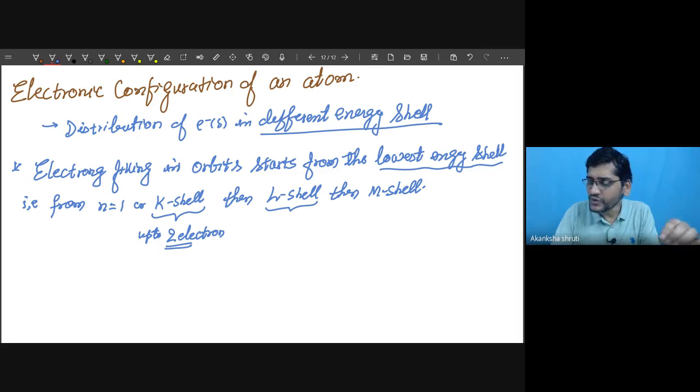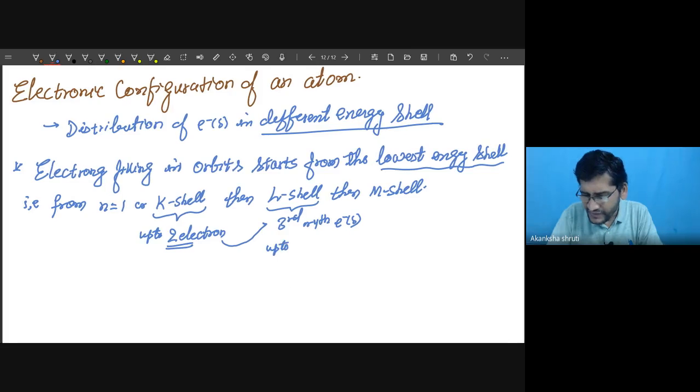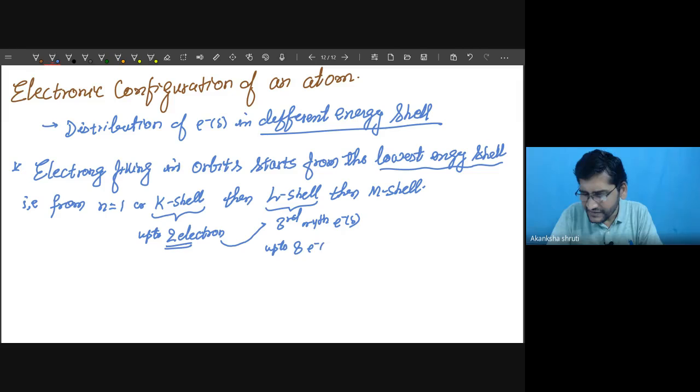If more than 2 are there, then the electrons after the 2 electrons, the third or fourth electrons, will go in L shell. Like the K shell which can contain 2 electrons, the L shell can contain up to 8 electrons.